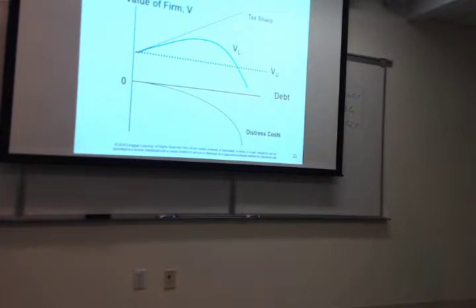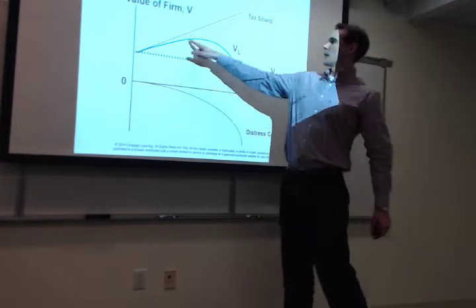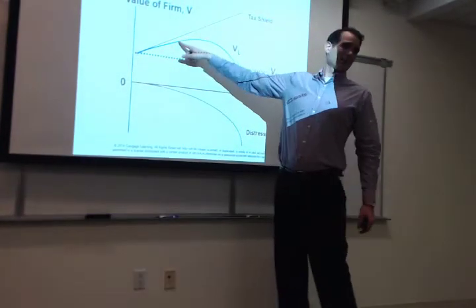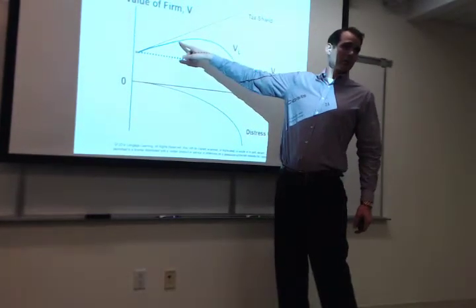Now, another thing that's going to be going on in the minds of our managers that we might be helping, consulting, is what sort of signal issuing debt or issuing equity is going to send to the market. So we mentioned if they're here, we might say, take on some more debt.